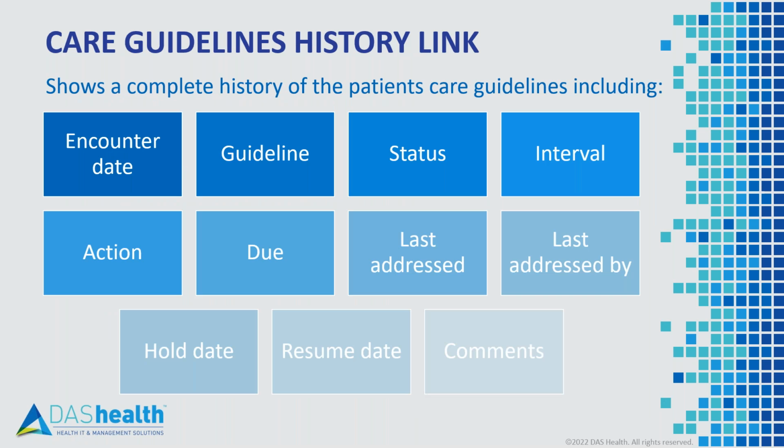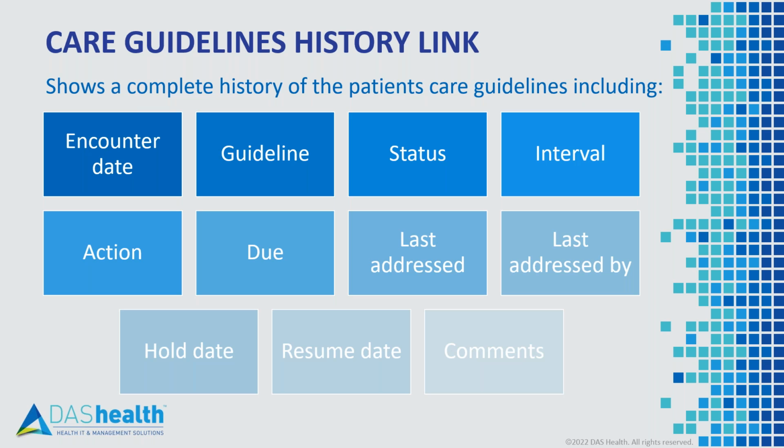We also have the ability, both from our page and our grid view, to click on a care guidelines history link. This can be really beneficial, I would say, to see the past history of guidelines: when they were completed, who completed them, if they were put on hold, if they were deferred, anything like that.